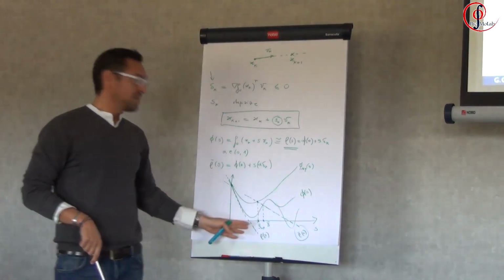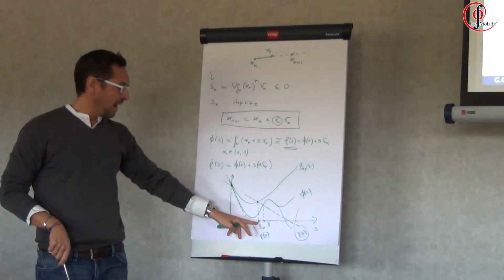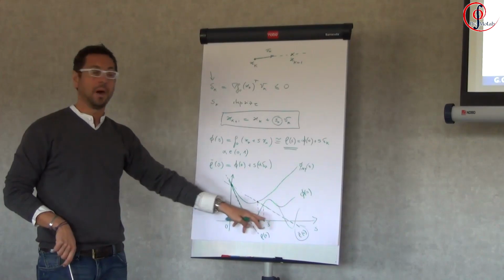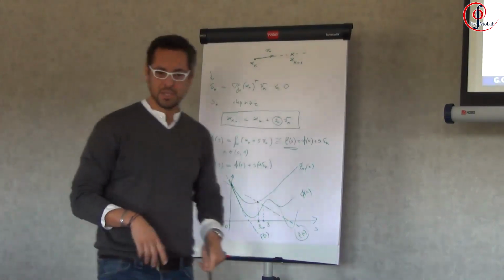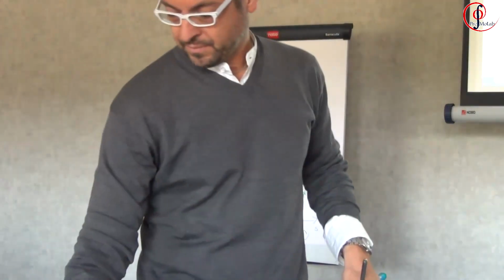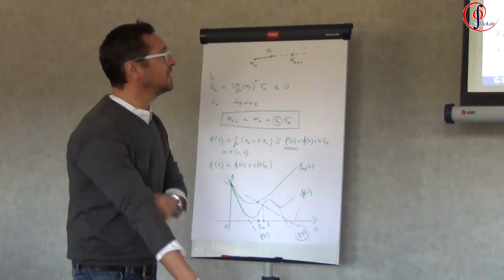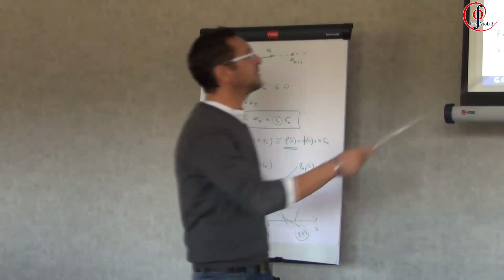In this case, if we don't know exactly this value, but we know that there exists a value here which is on the left of L bar, then we can just use backtracking as we explained before. So this is again the same kind of picture.